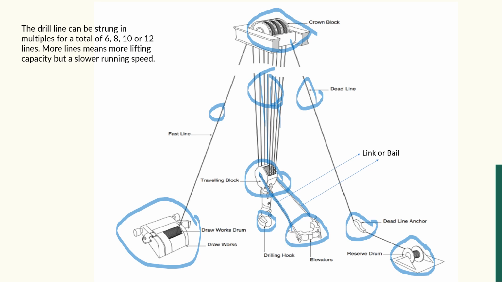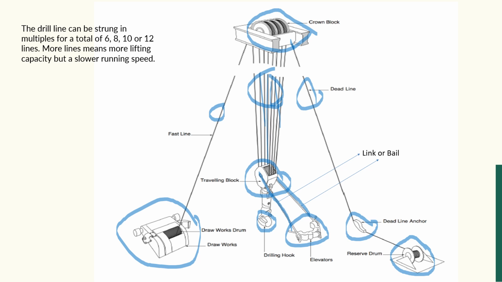In that situation, the new line is taken from the storage reel, and the drill line anchor is unclamped. The drill line is reeved again through the sheaves of the crown block, coming to the traveling block sheave and going up, and again through the sheave of the crown block and coming to the traveling block, and like that it completes its required lines. Maybe 4 lines, it means 4 into 2 is equal to 8 lines.